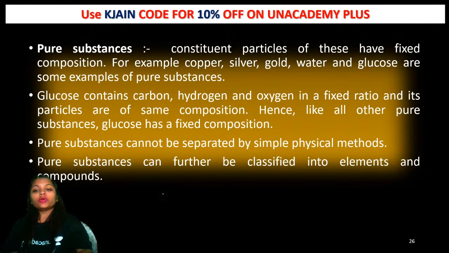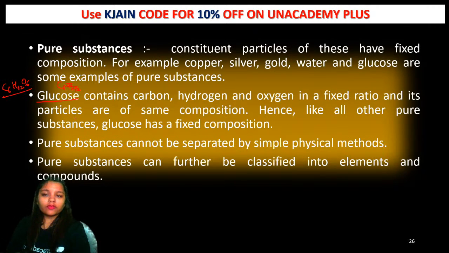Okay, so for example, glucose has the formula C6H12O6. So we can say that it has carbon, hydrogen and oxygen, all in a fixed ratio.